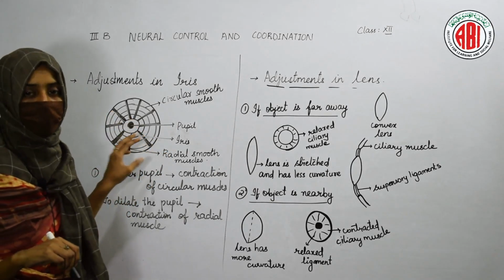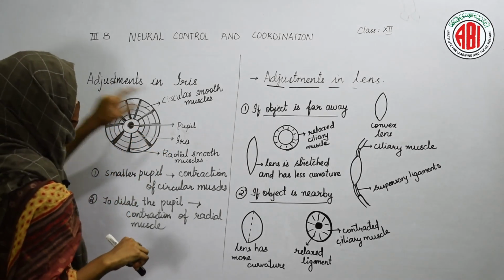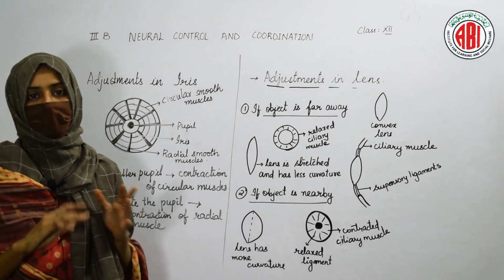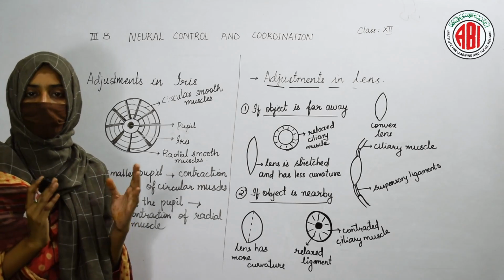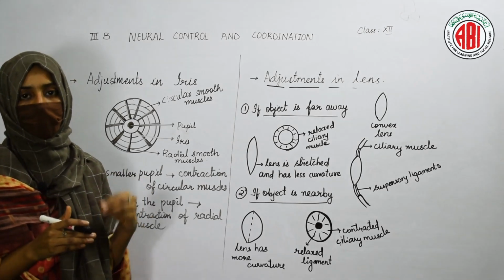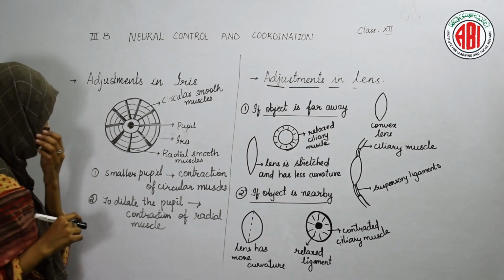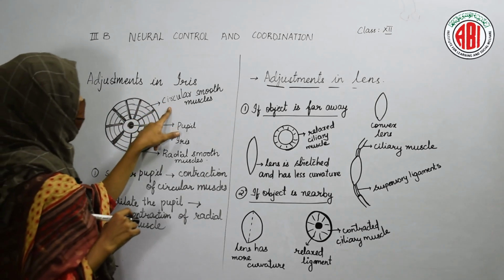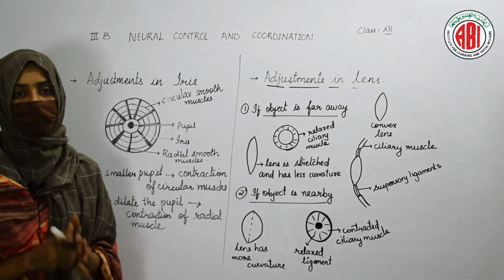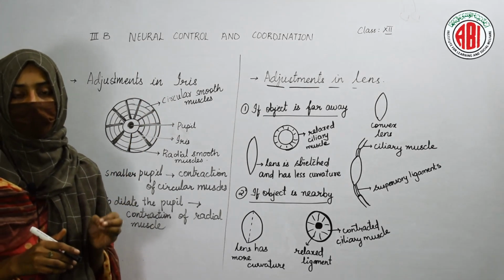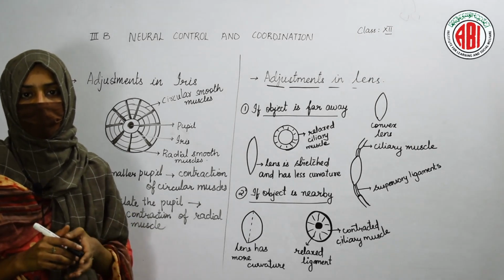Due to the contraction of these muscles, you are able to see different objects in the light and also in the presence of dim light. Whenever the circular smooth muscles get contracted, it is when you see objects in the presence of light.